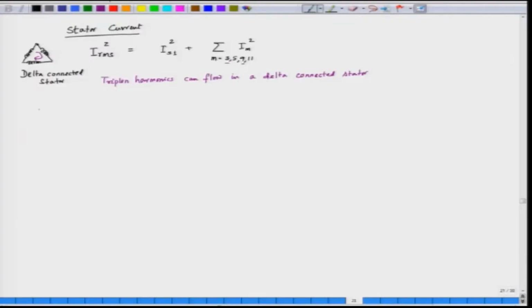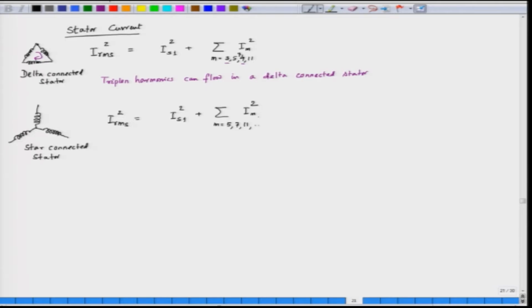So, the RMS current square is equal to the fundamental, which will anyway be present, RMS value of that, plus the sum of the harmonic components, and these harmonics would be the 5th harmonic, the 7th harmonic, 11th harmonic and so on.